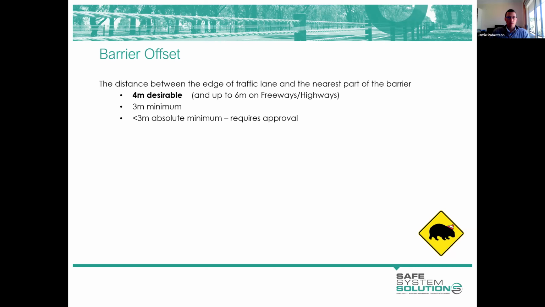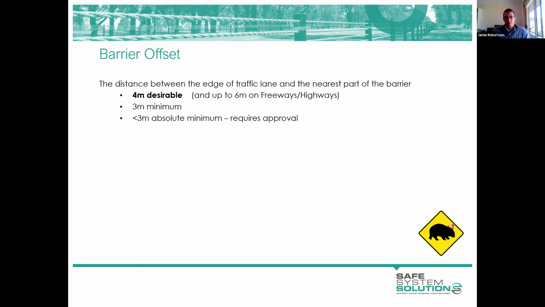On our freeways and highways, certainly in Victoria, we look to install barriers between 4 and 6 metres typically. The other side of choosing a barrier offset is that we don't want to install a barrier too far from the road, so that we allow vehicles to work up some severe impact angles with the barrier.